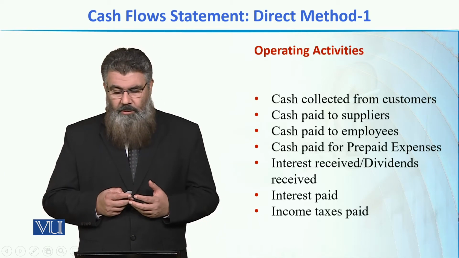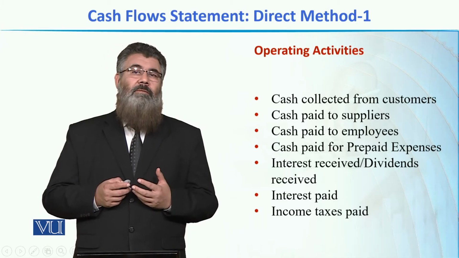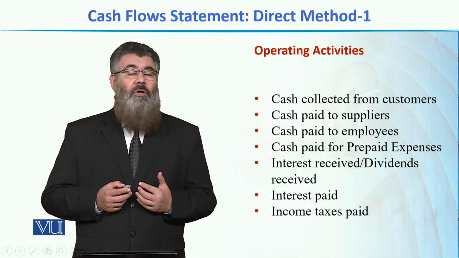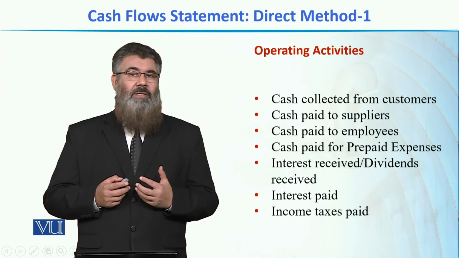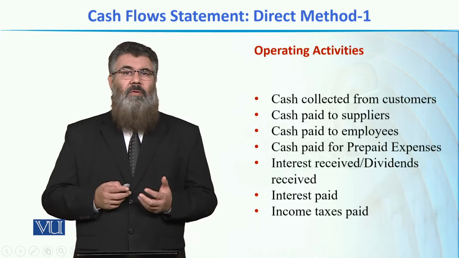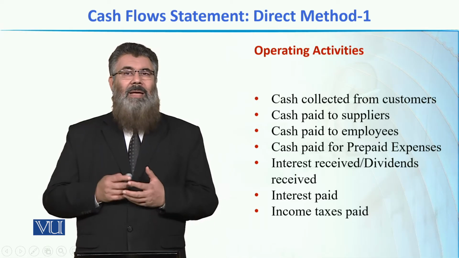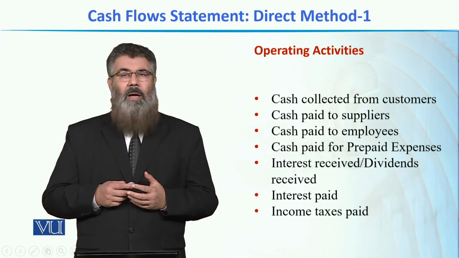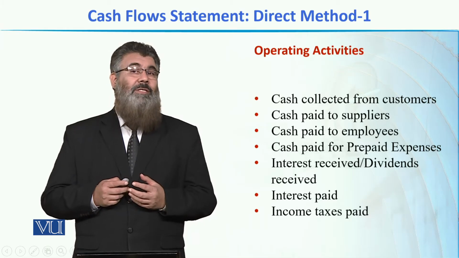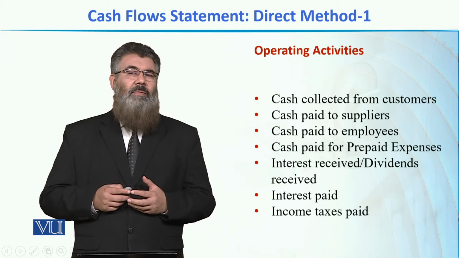We call them the prepaid expenses, and then the amount of interest received or dividend received, that is the income which is considered as the other income of the company, is also calculated in this direct method of cash flow statement. And then the amount of interest which is paid by the company is also taken into operating activities.